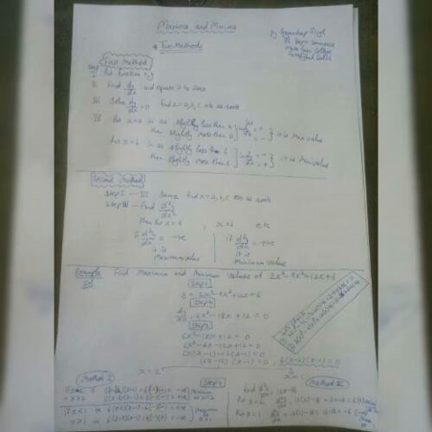And second, if we take more than 2, suppose 2.1, then 2.1 minus 2 will be positive, and 2.1 minus 1 will be positive, so it will be positive. So negative to positive means it will be a minimum value at x equal to 2.